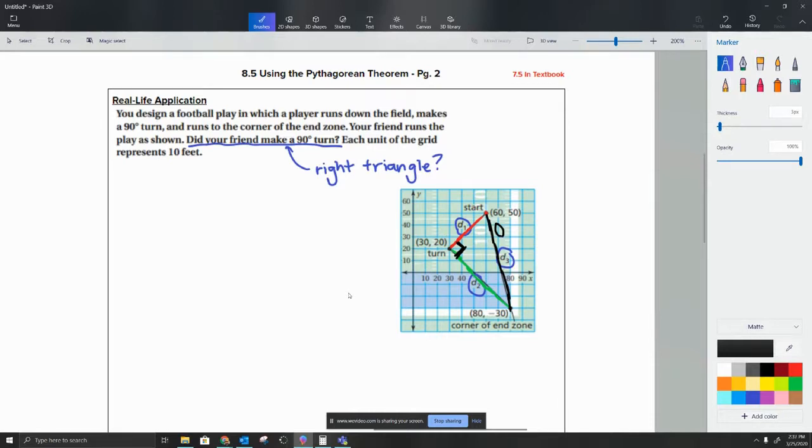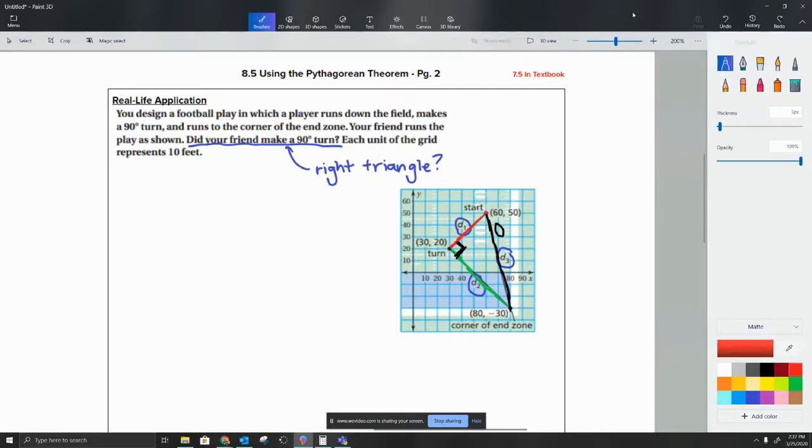Then how far did he run after the turn? And then how far did you throw the football? So we're going to have to use the distance formula 3 different times to answer this. So we'll start with D1. We're going to figure out, using these 2 coordinates right here at the start, that's not going to help.